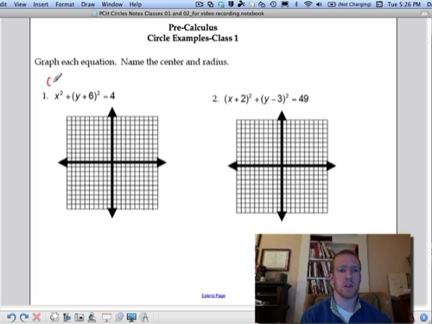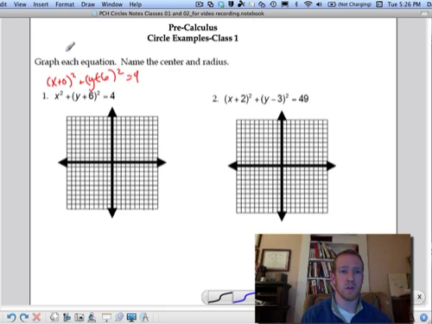Think of this as x plus 0 squared plus y plus 6 squared equals 4. Alright, so then that tells us that this is our x coordinate for our center, this is our y coordinate for our center.